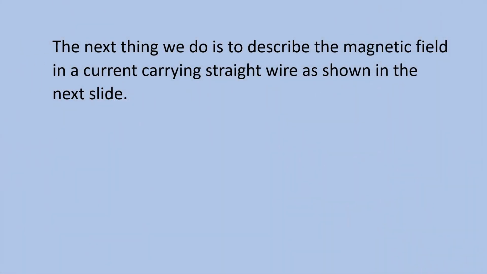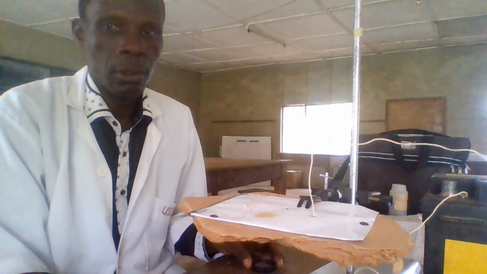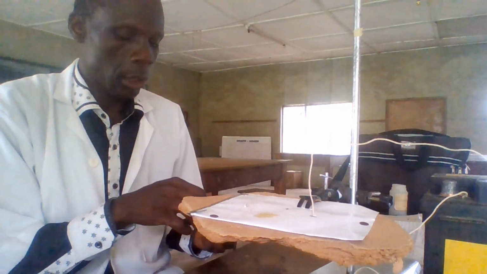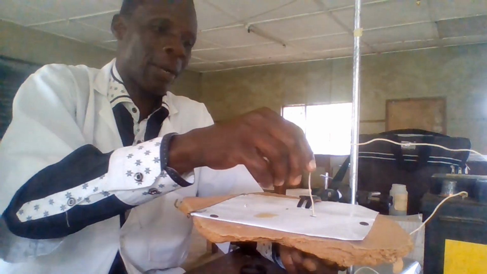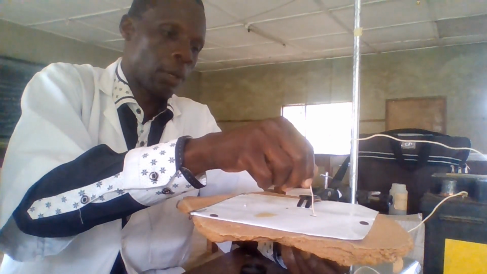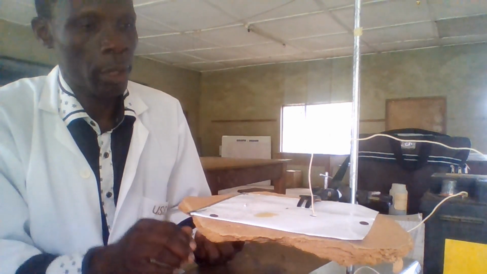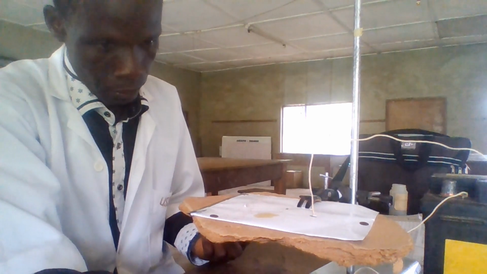Next thing we do is to describe the magnetic field in the current carrying straight wire as shown in the next slide. To demonstrate the magnetic field in a long straight current carrying conductor, we made it to pass through a cardboard like this and connecting the ends to a battery through a switch and switching on the current.